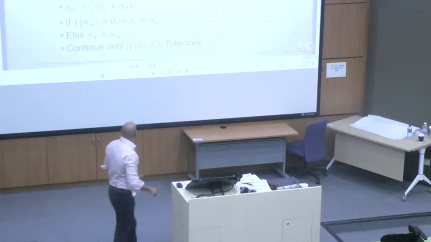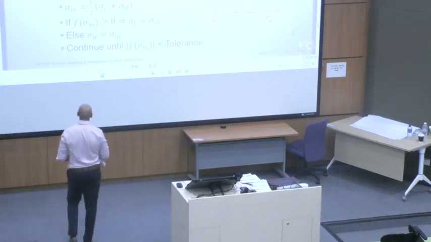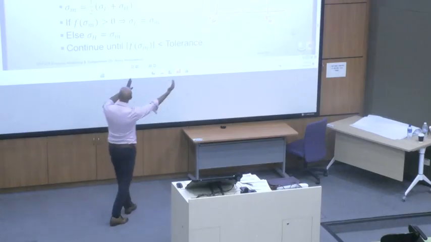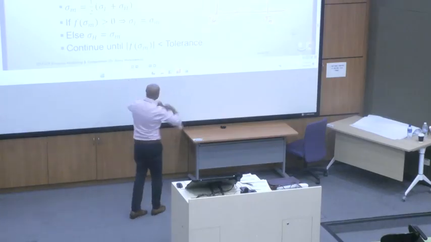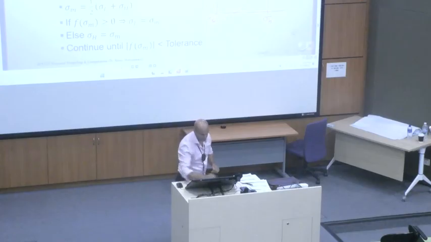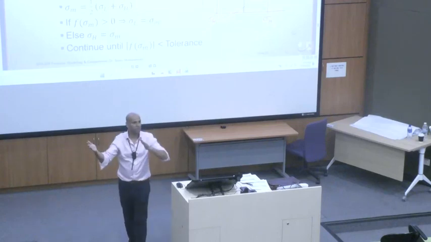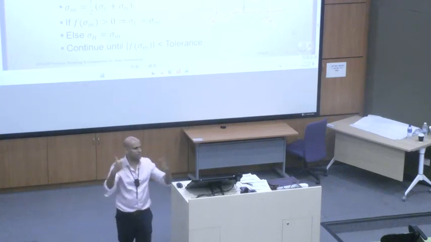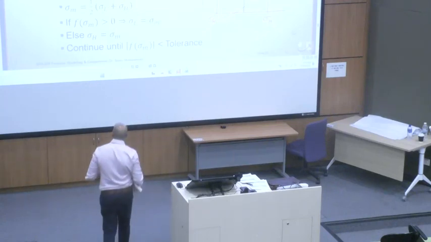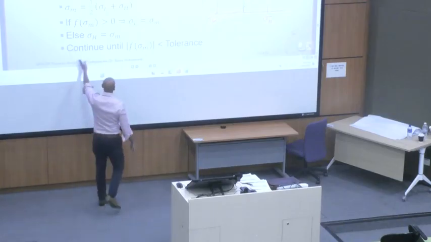You need to initialize the problem correctly. You pick sigma M, which might end up being somewhere here. You figure out, do you need to drill in further on the left side or right side, and you keep going. Okay, that's the algorithm until some termination conditions.